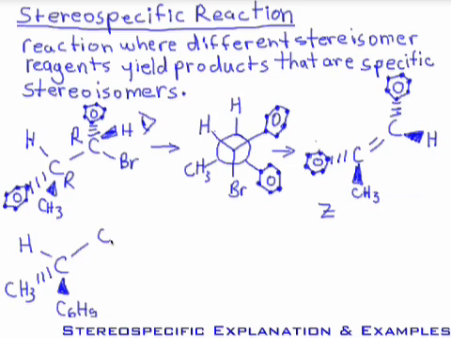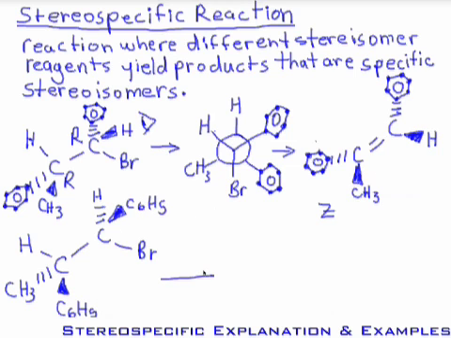And so I'm switching on both chiral centers the groups, which generates the other enantiomer. I'm still making it anti. Now the aromatic rings are on the wedges.